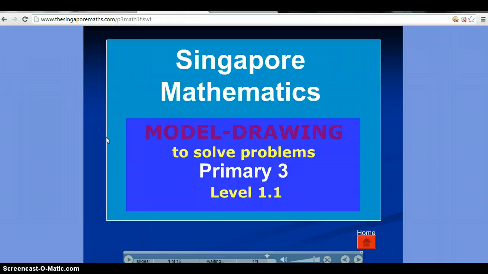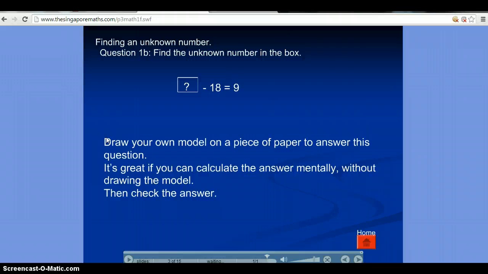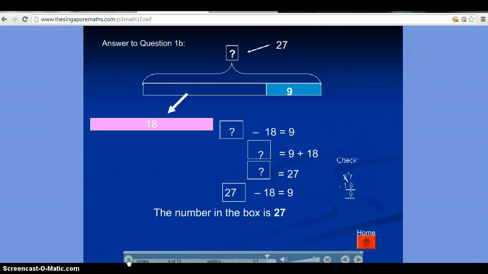But for this example, students would be able to go through slides to see how to solve different problems, and then not only will they be able to visually see how they can solve these problems, they are given once again the bar method on how to solve these types of problems. And this is also very informative for parents to use as well, in helping understand how students and teachers are getting the answers that they are getting for these different ratio and proportion problems.